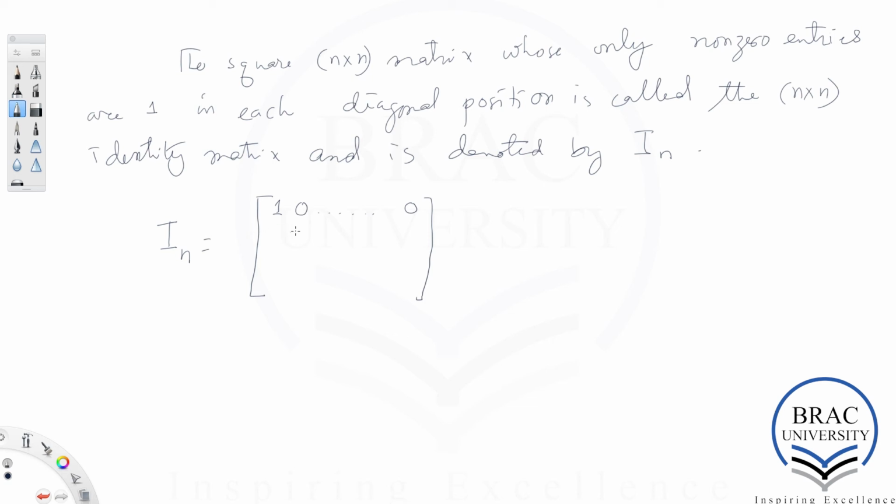Similarly, I'm writing now the second row starts with a 0, 0, 1 all the way up to 0, the nth entry of the second row, and all the way up to the nth row, which starts with 0, and the last entry of the nth row is going to be 1.